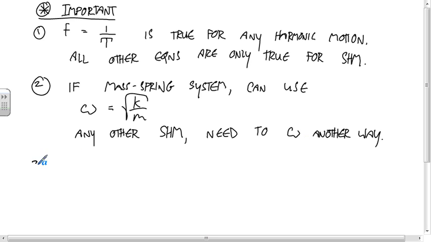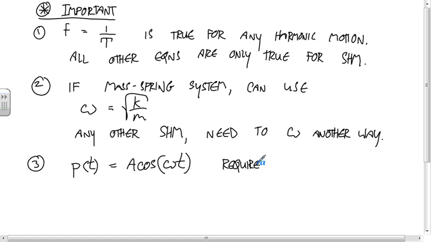And third, to use this formula, p of t is equal to A cosine omega t, requires that the position is equal to A when time equals 0.